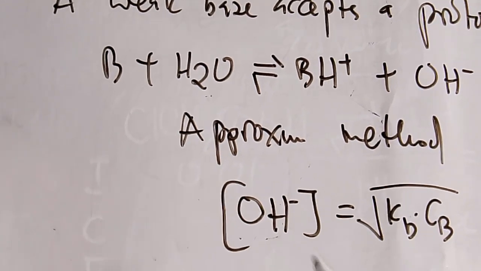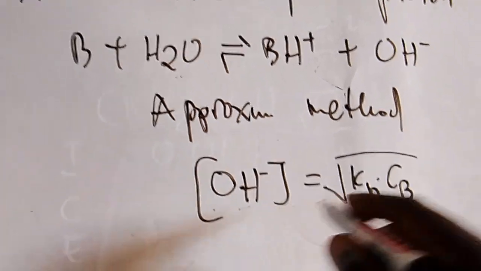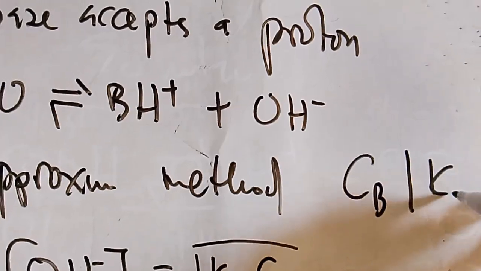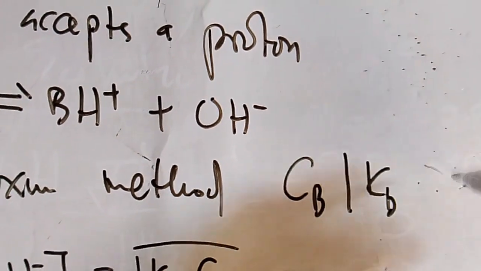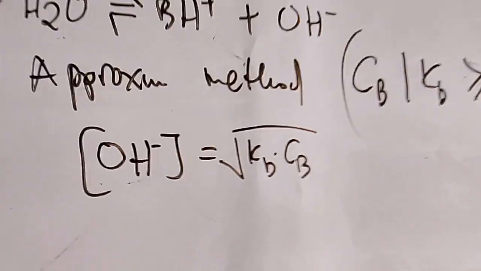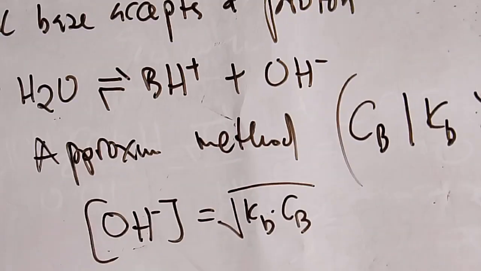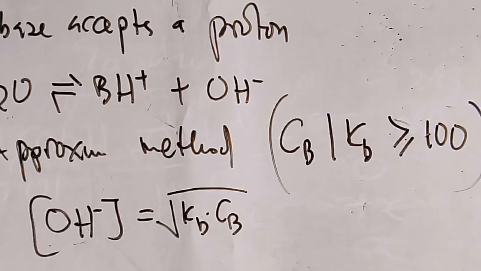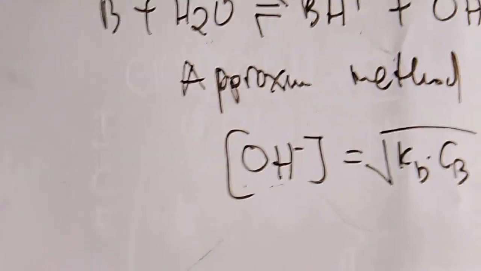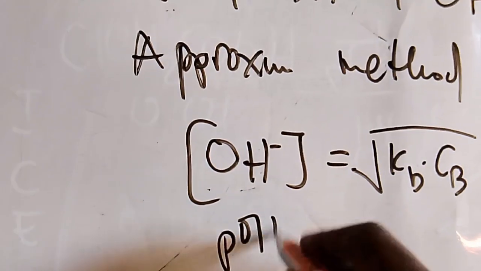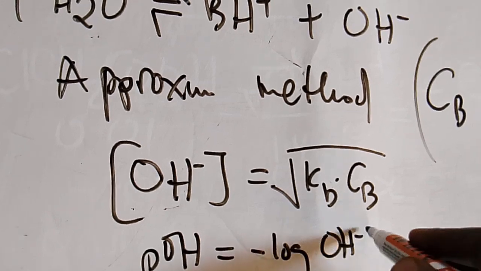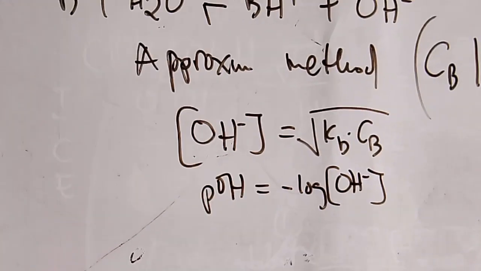Normally we know when to apply this: when the concentration of the base over Kb is greater than or equal to 100. Then pOH is equal to negative log hydroxide ion.